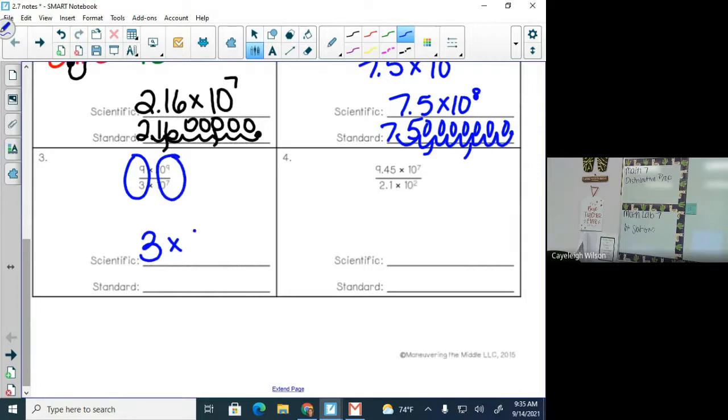Well, 9 minus 7 is 10 to the 2nd. And then to make that into standard form, where does the decimal start? Behind the 3. So right here is where it's understood to be, so I'm just gonna move it 2 places, 1, 2, so 300. All right, you all do number 4.